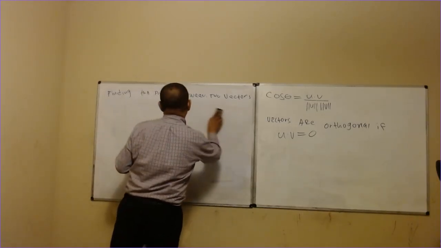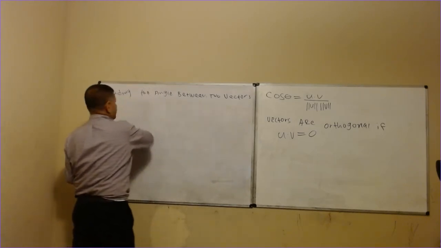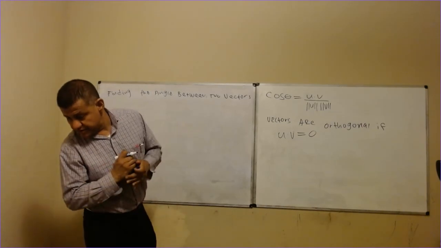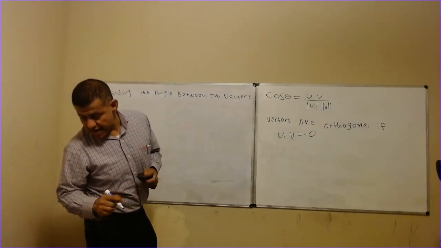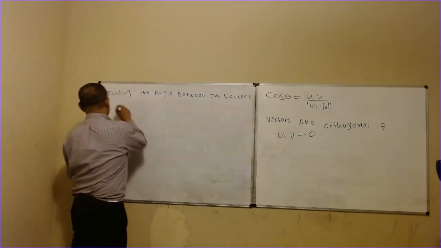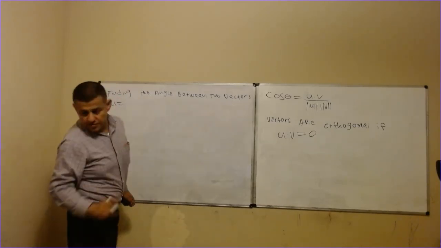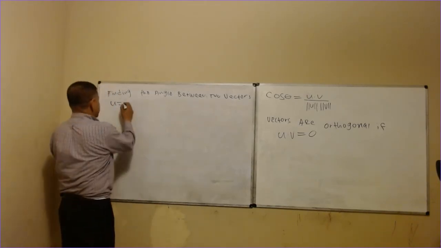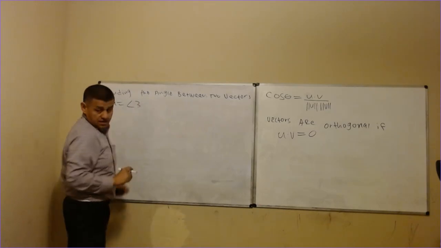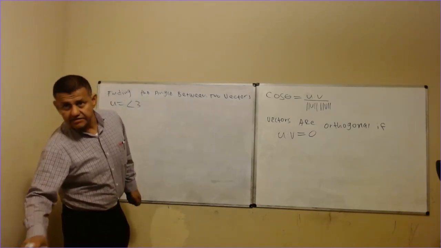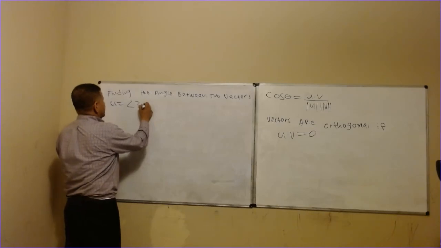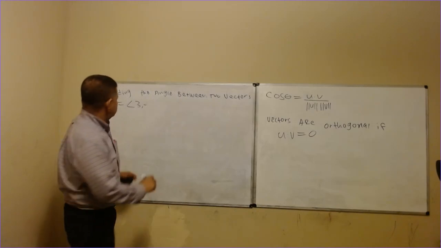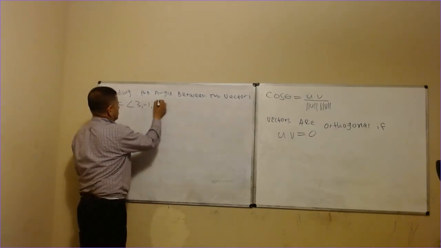So this is the example. In this case, we have u equal to the vector 3, negative 2, 3, comma, negative 1, comma, 2.